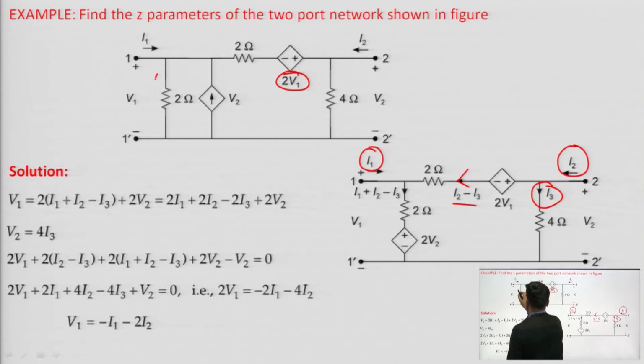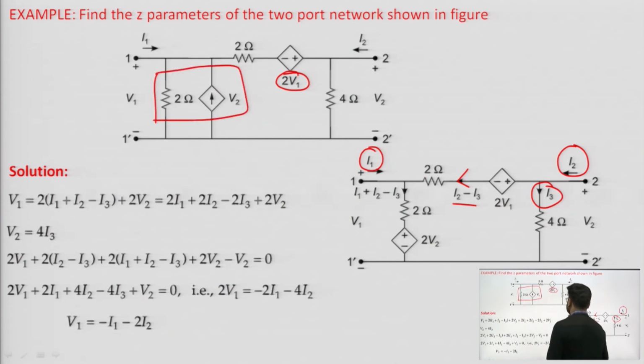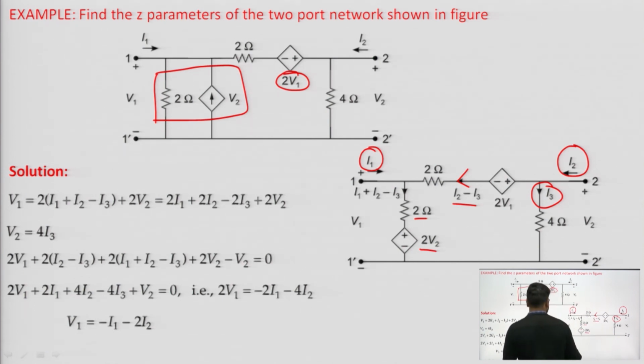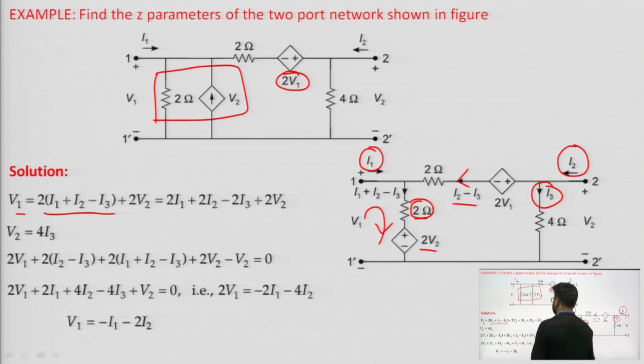Here also we have converted this by using source transformation into a voltage source of 2V2 in series with a 2 ohm resistor. On applying the mesh equation for this, we will get V1 equals 2 into (I1 plus I2 minus I3), which is flowing in the 2 ohm, plus 2V2.